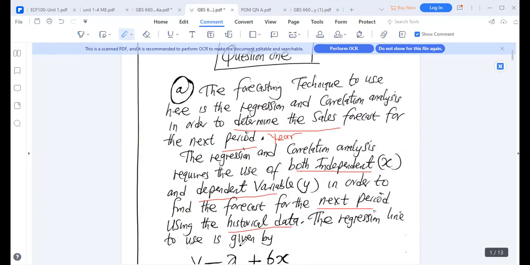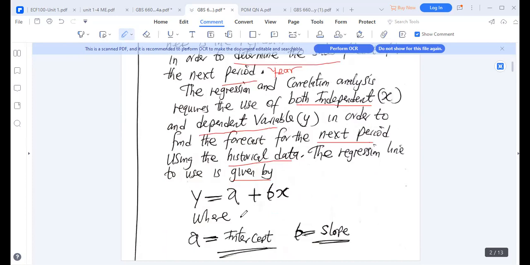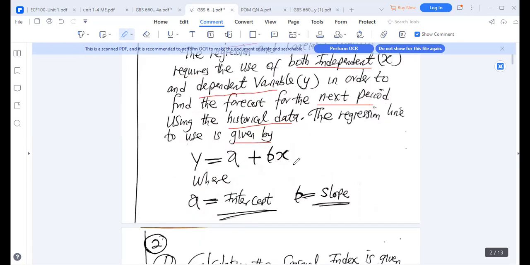Now, the regression line to use is given by y, the dependent variable, which is the sales, and x is the number of years. So y equals alpha plus beta x, where alpha is the intercept and beta is the slope of the regression line.